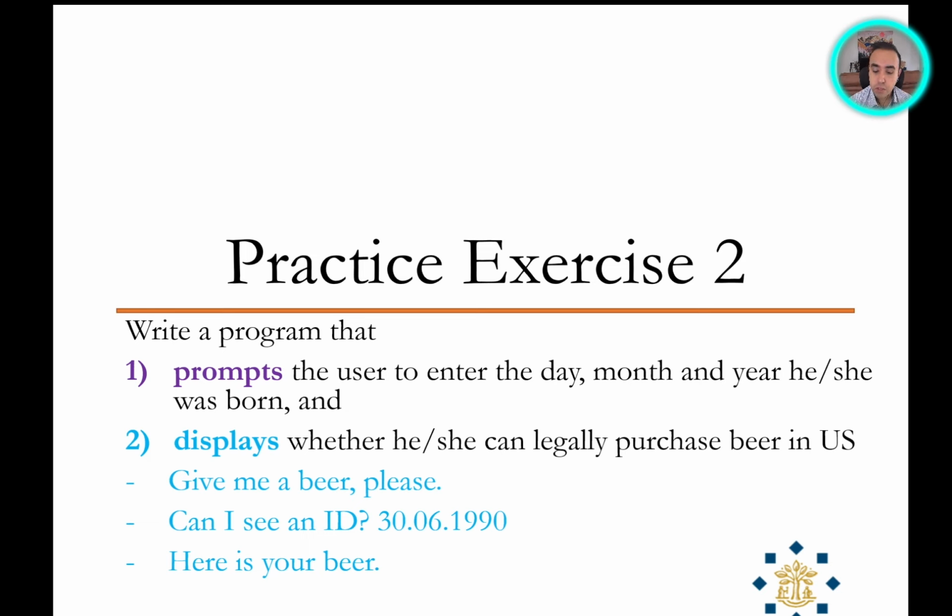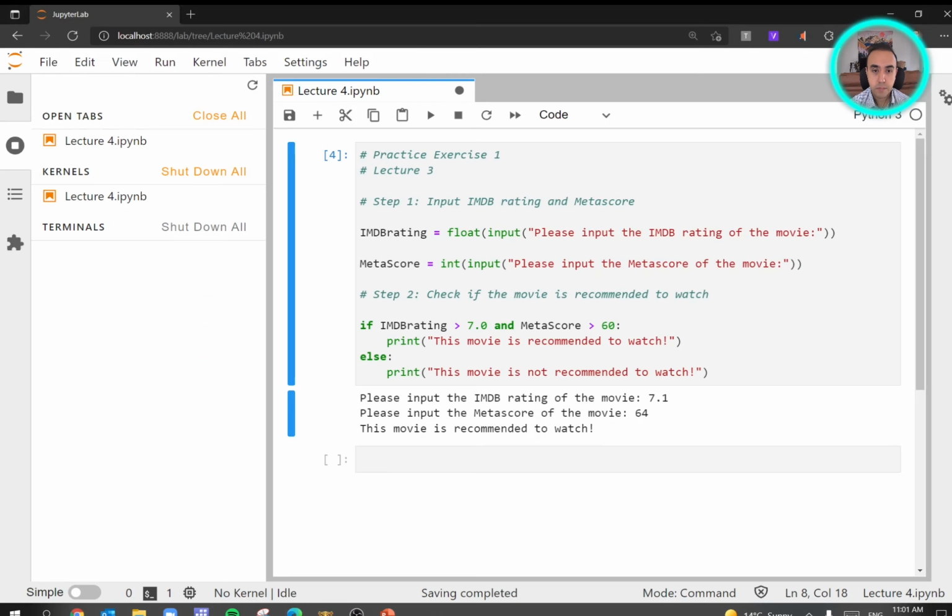And the legal purchasing alcohol age in the United States is 21. So we go, give me a beer, please. And then the bartender says, can I see an ID? And then now it's your turn to input your date of birth. And then the bartender decides to give you the beer or not. Okay.